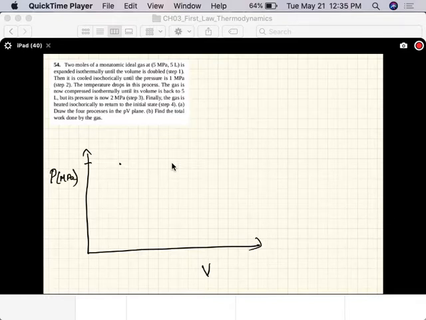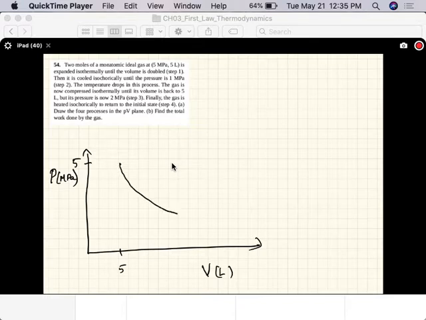A megapascal is 1,000,000 pascals. 1 megapascal is 10 atmospheres, since 10 to the power of 5 pascals is 1 atmosphere. So that's 50 atmospheres, and volume is in liters, that's 5. It's expanded isothermally until its volume doubles.